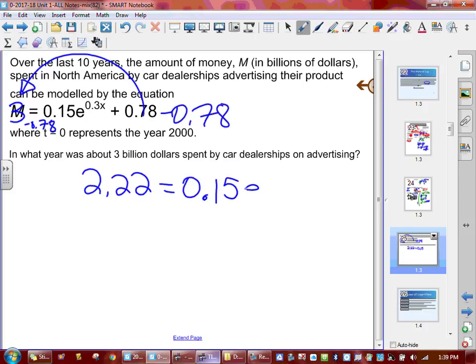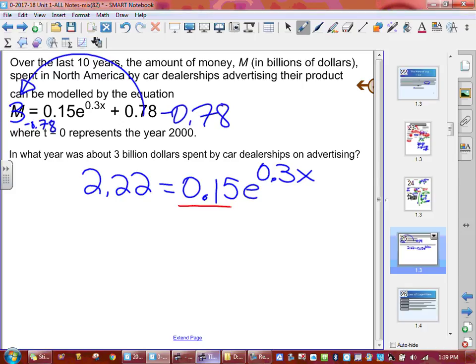Now, is our base e isolated by itself? Nope. So how do I get it by itself? That's right, we need to divide out the 0.15. So, both sides are going to divide by the 0.15. And then we can do our conversion.